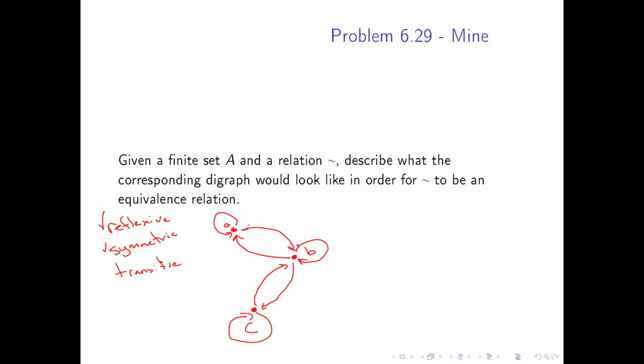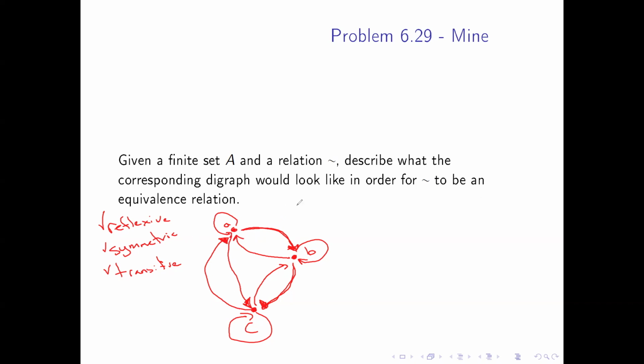But because I now have this thing that goes from A to B, and I have B going down here to C, then transitive says that A must also go to C. Like that. But the symmetric tells me I have to also have another one going back. If you do all of these, you should end up with a bunch of triangles. If two are related, as soon as one attaches to another one, they have to be connected.